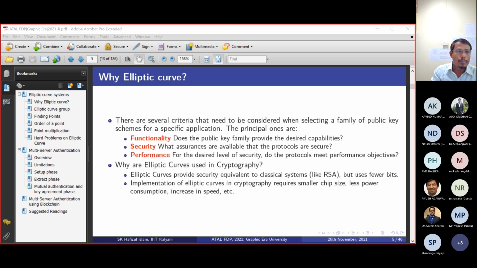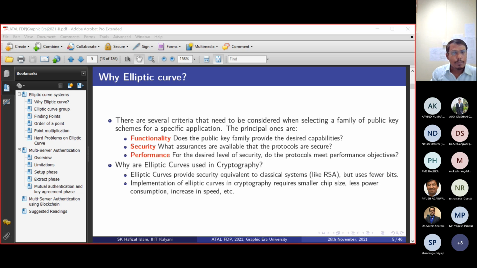Also the main operation in RSA is like M to the power E, or C to the power D, where M is the plaintext and C is the ciphertext. So it is an exponentiation operation, and this is the most time consuming operation among crypto operations. In contrast, in elliptic curve we use elliptic curve point addition and scalar multiplication, which is much faster than the exponentiation operation.